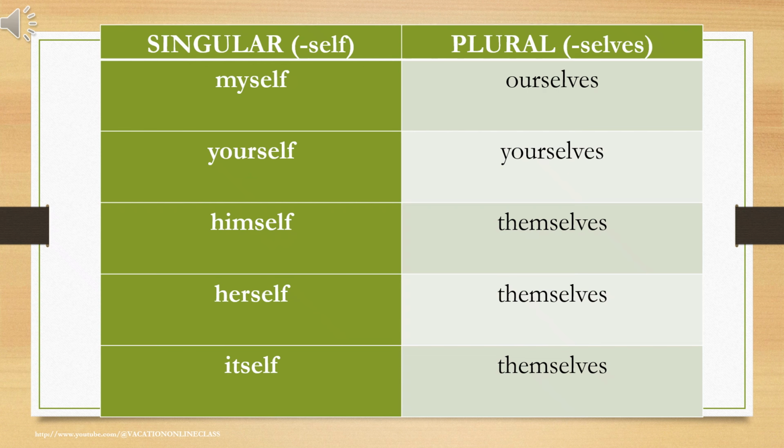And in plural, myself will be ourselves, yourself will be yourselves, himself will be themselves, herself will be themselves, and itself will be themselves. Meaning the plural reflexive pronouns are ourselves, yourselves, and themselves.